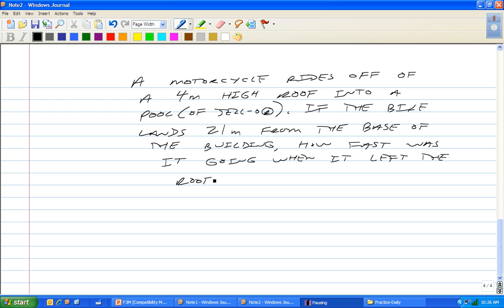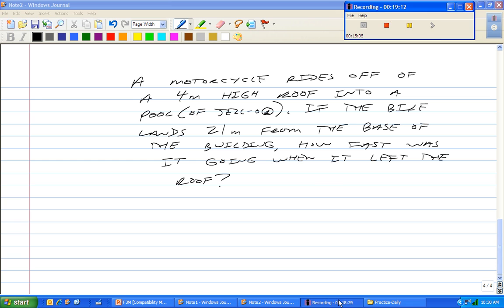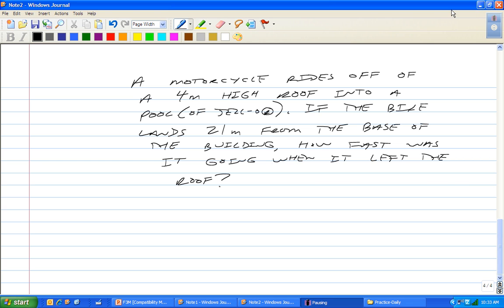And you can assume, if I haven't told you otherwise, that there aren't any ramps or anything up on the top of the roof to make it launch non-horizontally. Alright, so we're going to go through the same process. What's that? Delta y. What's that?